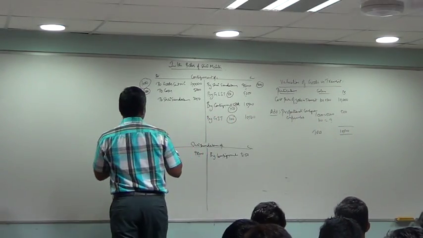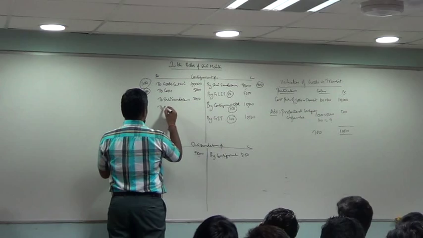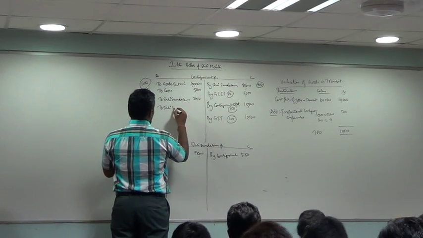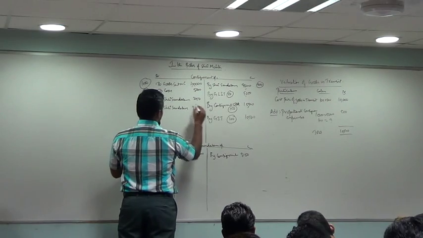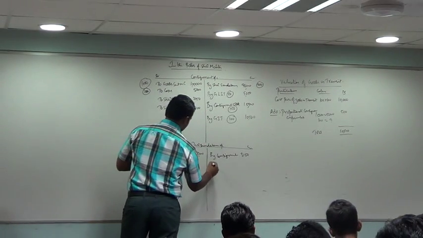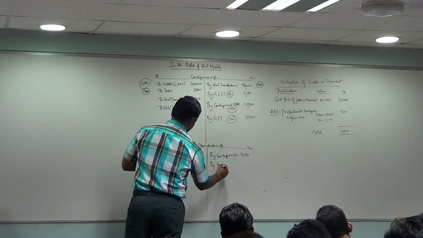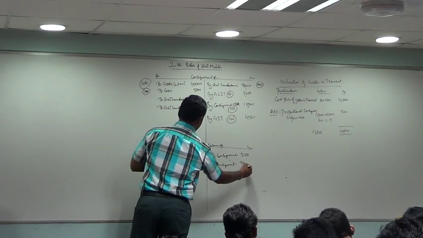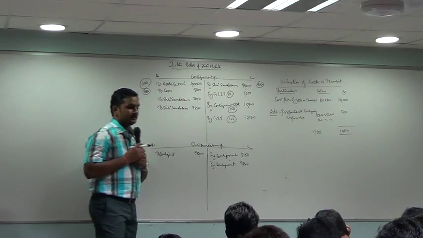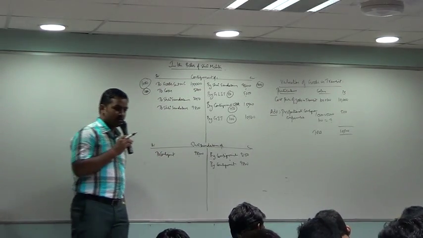What is the entry that comes to our mind? Consignment account debtor to Sri Sundaram account, 9,800 by consignment.